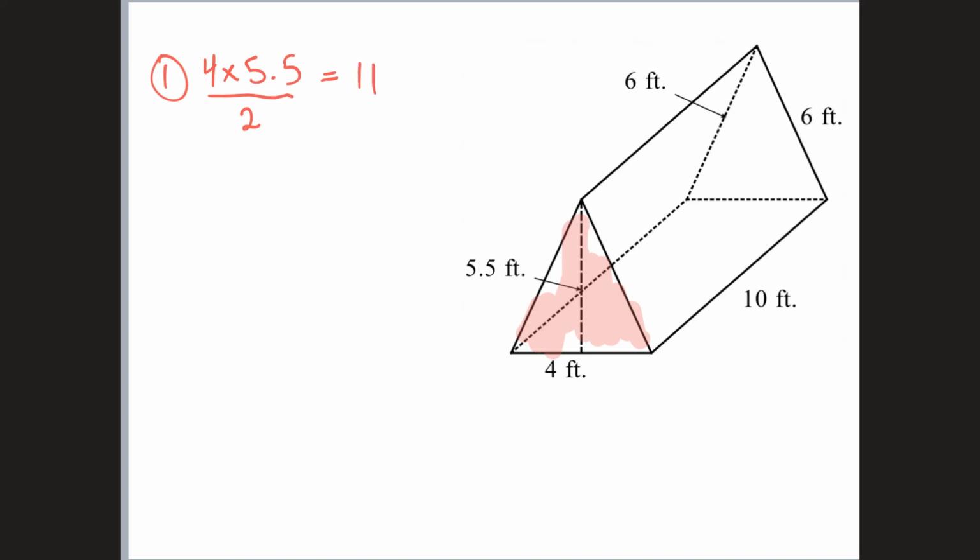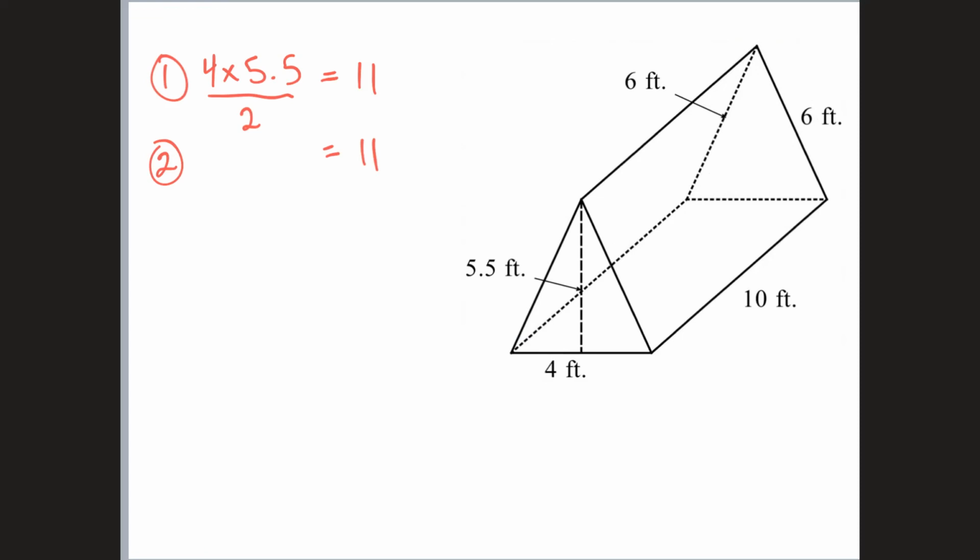And the back one over here, so the second side, this back one will have the same area. So you say number 2 is going to have an area of 11 as well. Okay, so I'll erase this here. And let's go with side number 3.